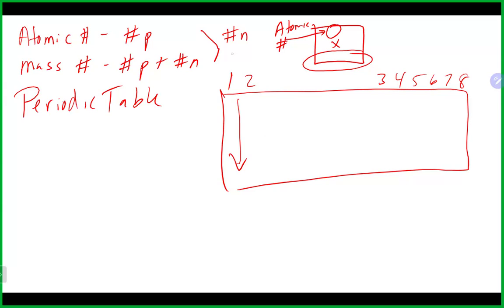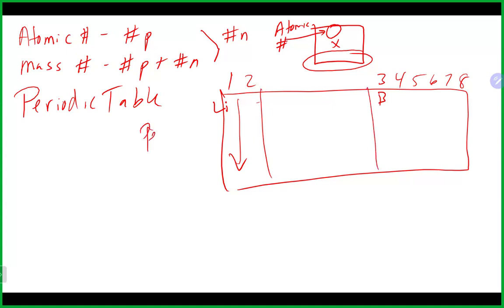That is group 1, where lithium is. Remember, hydrogen is not part of group 1, but lithium is to start. Beryllium is group 2, we skip, and pick back up where boron is, and that is group 3, 4, 5, 6, 7, and 8. We skip that middle section between those two in terms of our groups.